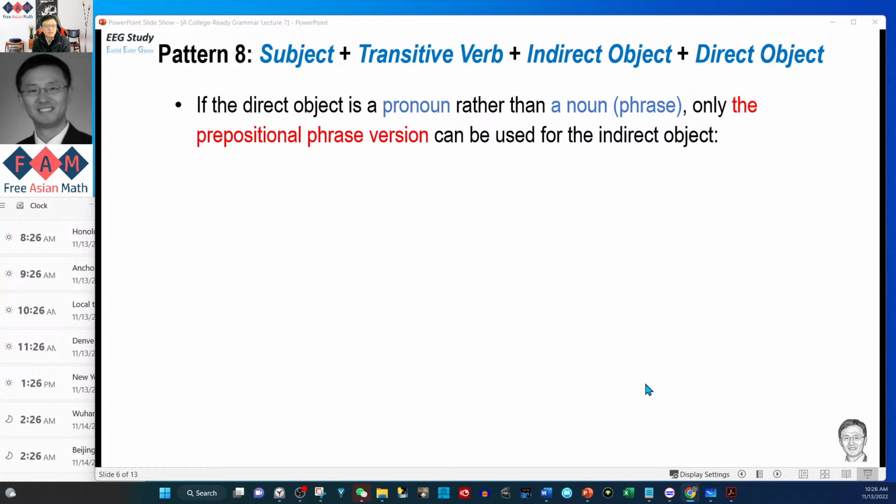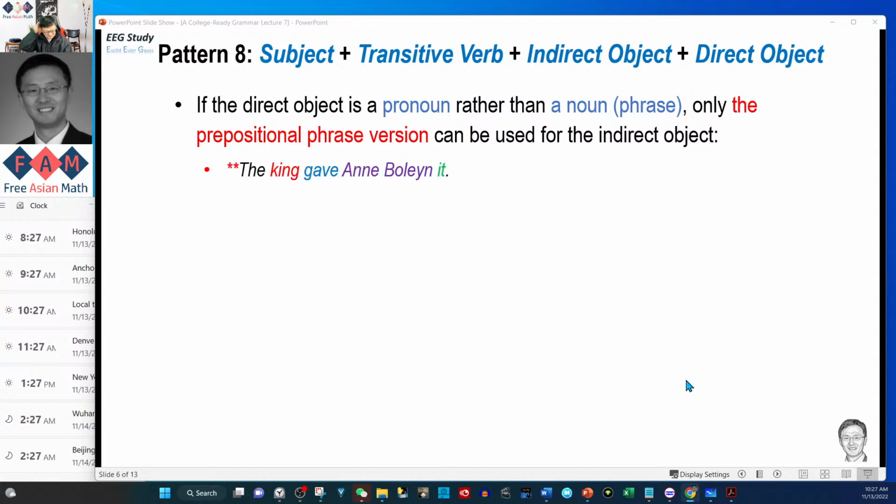If the direct object is a pronoun instead of a noun or noun phrase, then only the prepositional phrase version can be used for the indirect object.